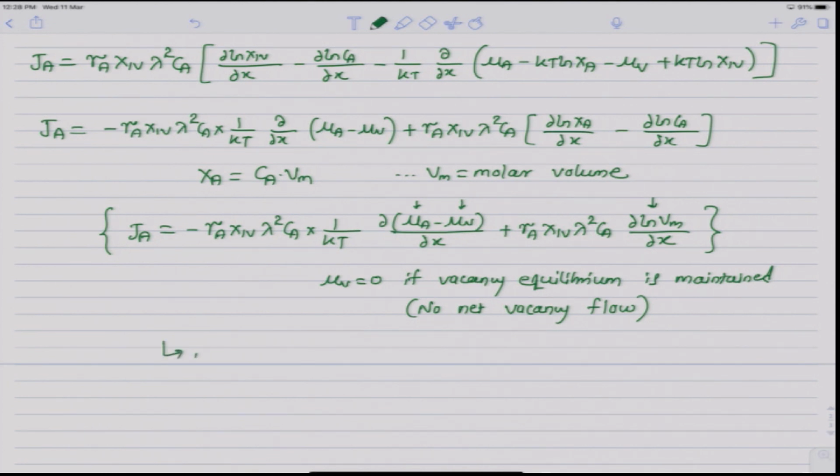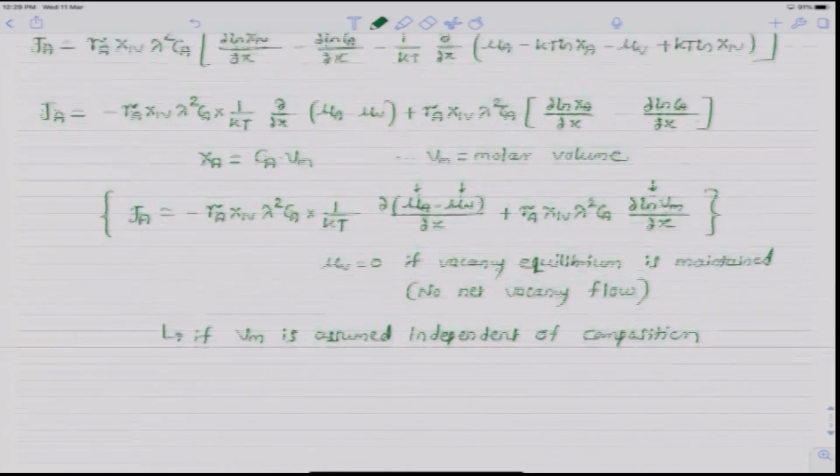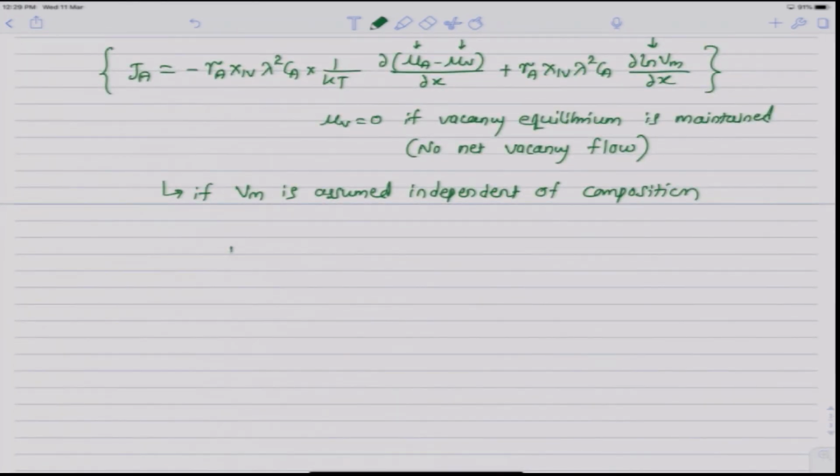In addition, if Vm is assumed to be independent of composition, the only contribution will be from the chemical potential gradient of A.